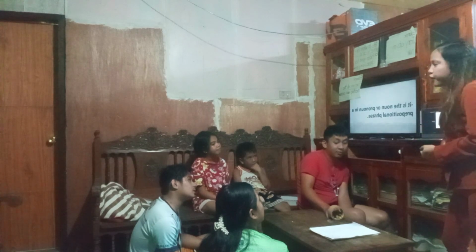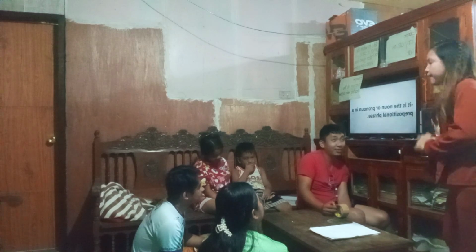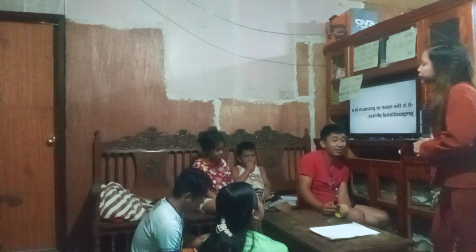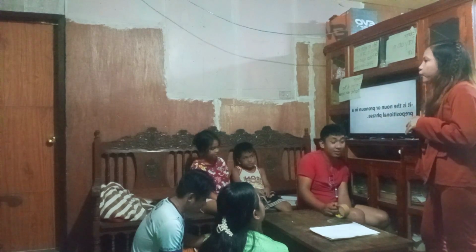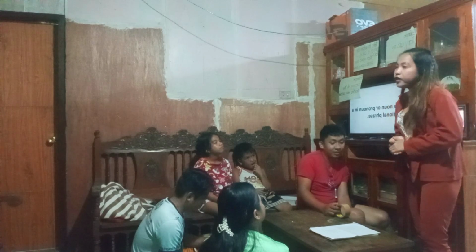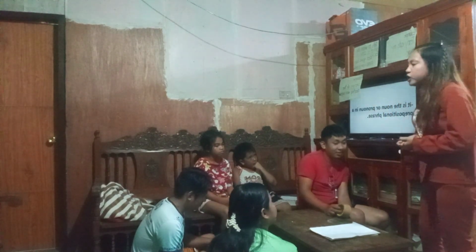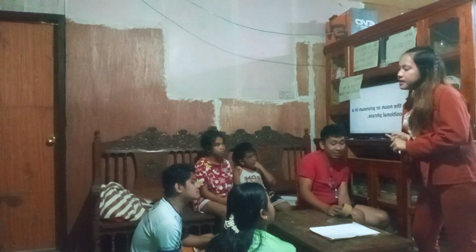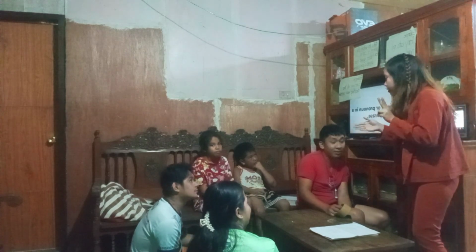I guess you are all ready for our activity now. So let's proceed to our activity for today. I will give you 5 minutes. You are going to find your pair. Since this activity is by pair, I will give you 5 minutes to finish it.